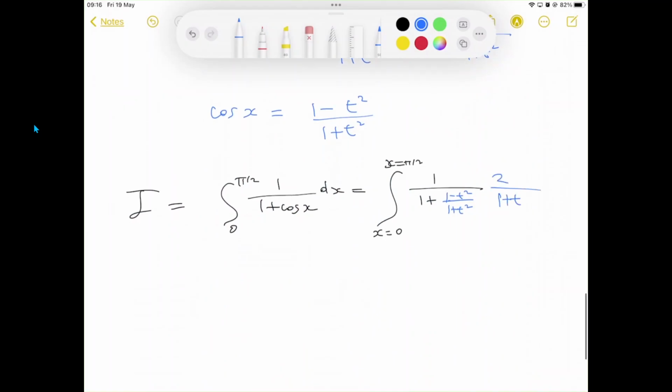Not root, it's just 1 plus t squared dt. I remember in my previous video I made a little mistake about that. I did end up correcting it, not nearly correct, I fully corrected it, but it was a close call and I don't want to repeat that.